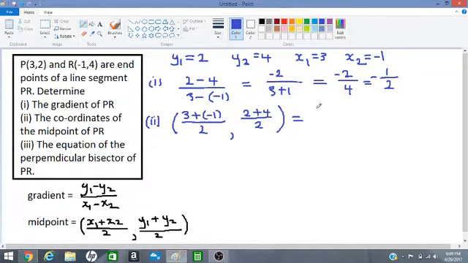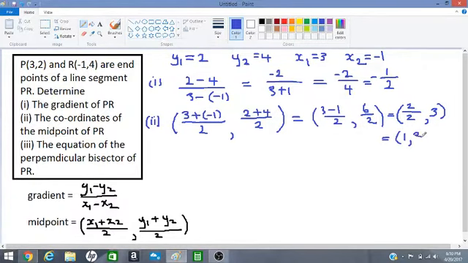Simplify: 3 plus minus 1 is 3 minus 1 over 2, 2 plus 4 is 6 over 2. Simplifying further, 3 take away 1 is 2 over 2, and 2 into 6 is 3. Okay, 2 into 2, 1, 2 into 6, 3. Final answer, giving us 1, 3 as the coordinates of the midpoint of PR.